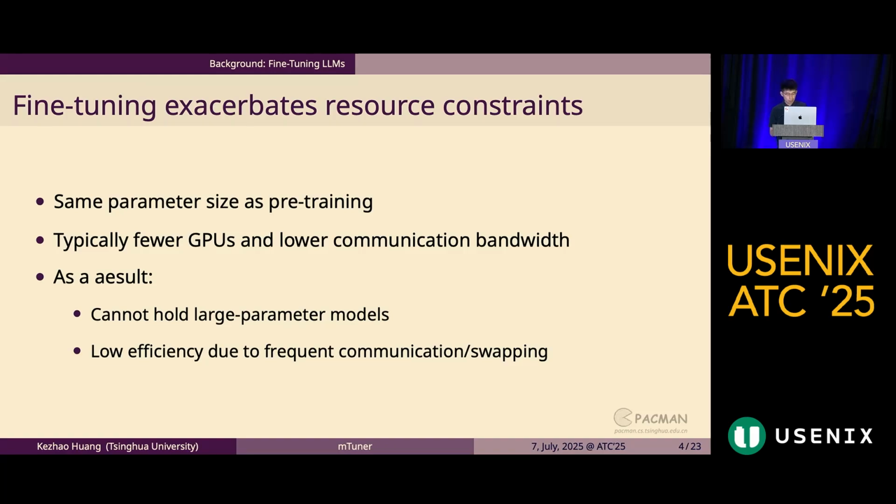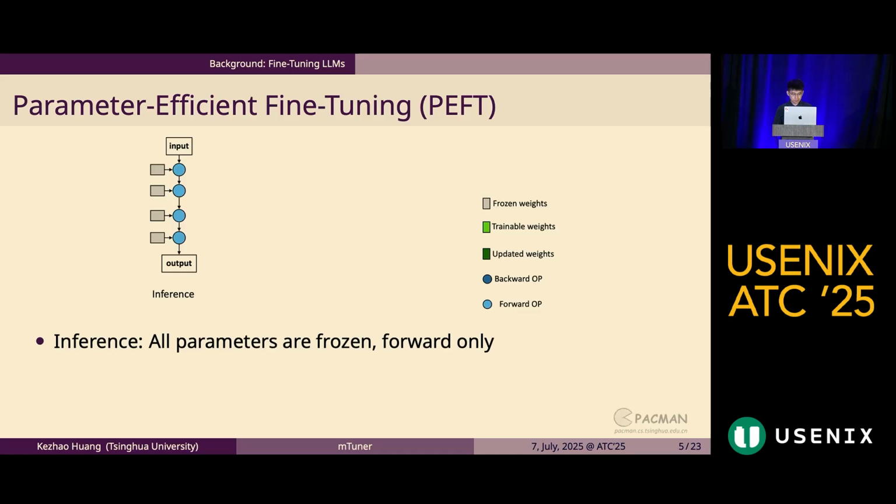As a result, we run into two major issues. The first is that many setups simply can't fit this large model into a GPU. And the second, even when we do manage to run them, performance is often bottlenecked by memory swapping or inter-GPU connection, leading to poor efficiency.